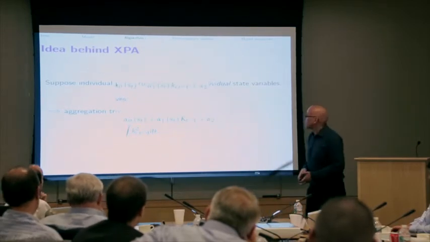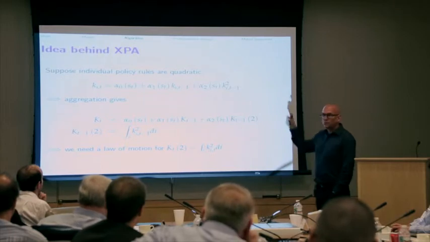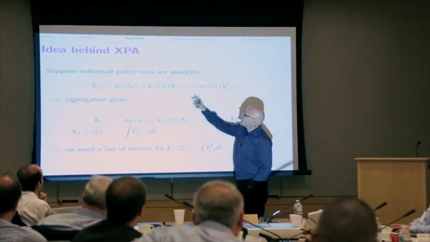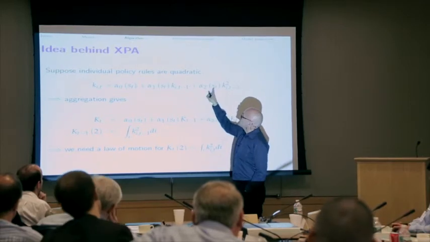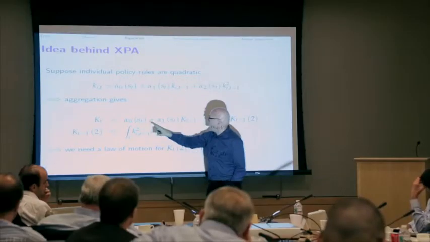Okay, so now let's go to higher order. Suppose the individual policy rule is quadratic. Same setup, so it can depend on the aggregate state variables in an arbitrary way. I'm going to do the same thing. I'm just saying, let's see what happens if I aggregate. If I aggregate the individual policy rules, I get the constant back.